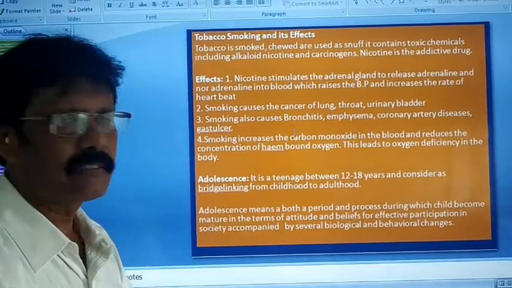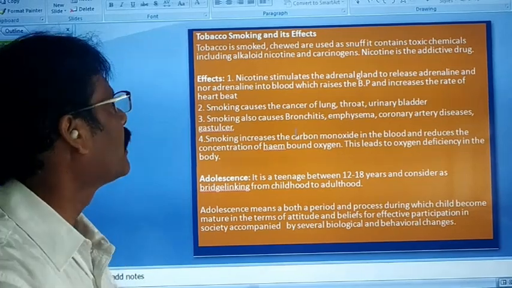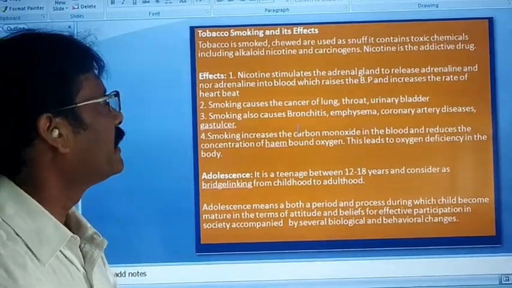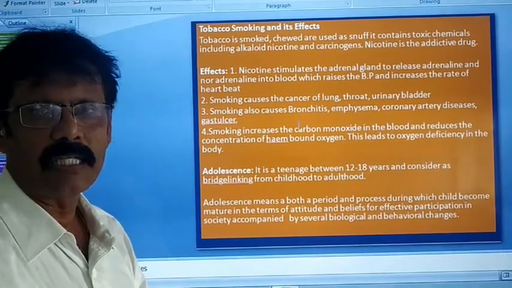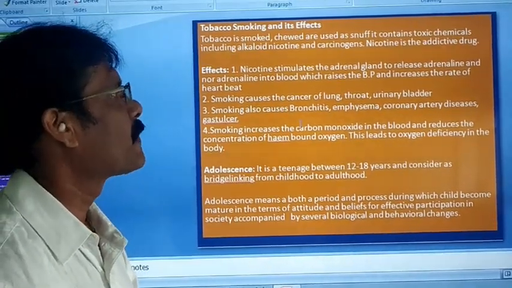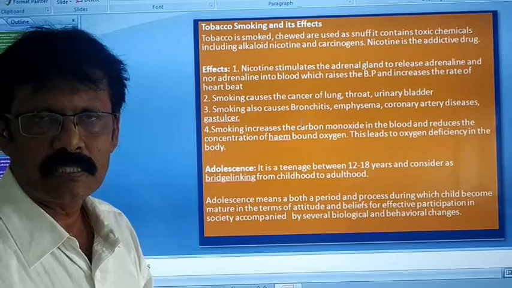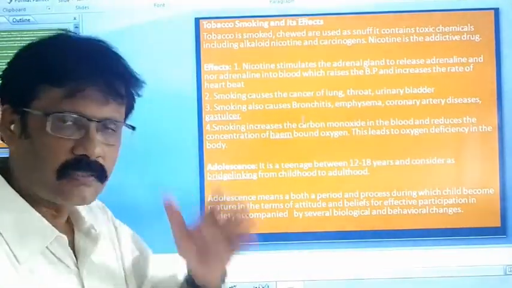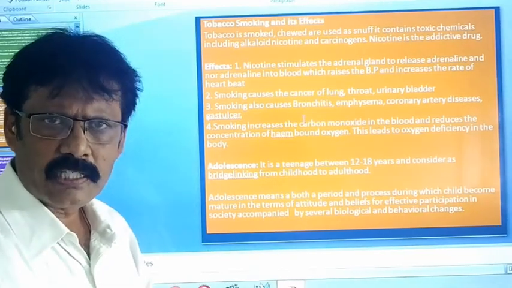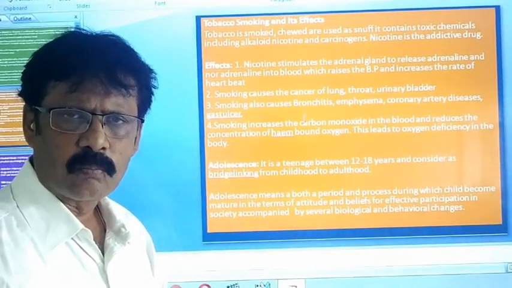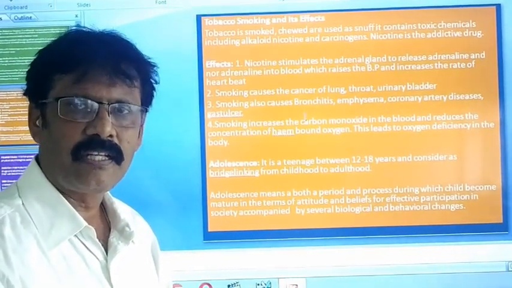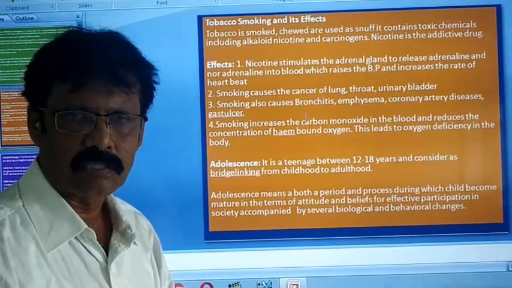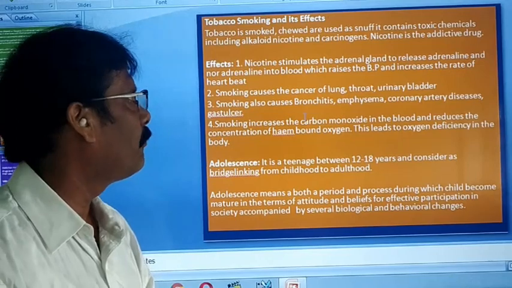Tobacco contains toxic chemicals that include alkaloids, nicotine and carcinogens. Nicotine is the addictive drug present in cigarette smoke. Cigarette smoke contains more than 50 carcinogens, that is, cancer-causing agents.